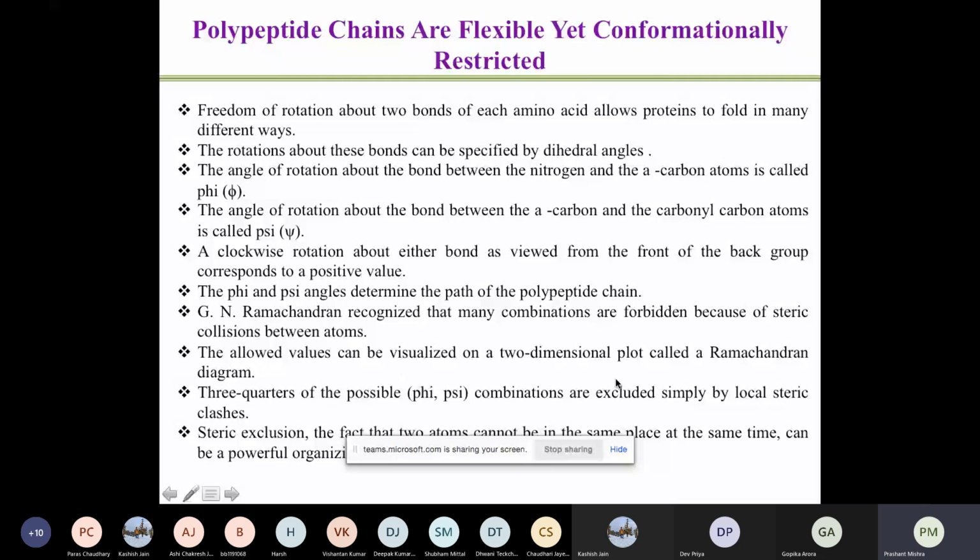So basically this plot gives you steric exclusion. That means which kind of interaction, which kind of folding, is not possible. He used a very important fact, that two atoms cannot be in the same place at the same time, and this is a very important tool to predict the secondary structure.